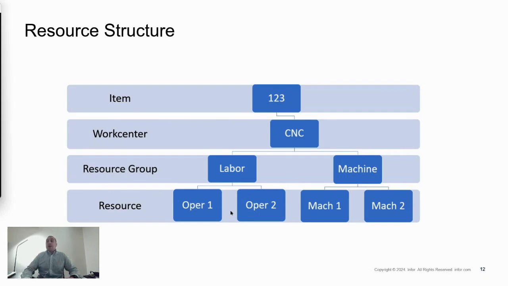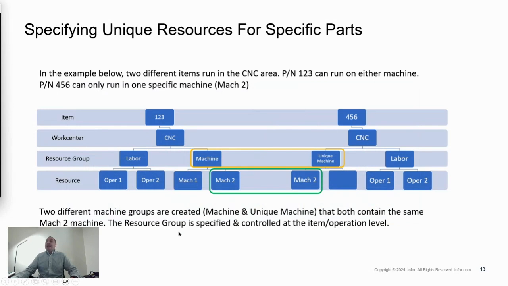And how that could be used in your advantage is if you have particular resources that can work on specific things based on whether it's a unique machine and only components or items can run through that particular machine. And it can also satisfy all the general items and components, same as machine 1. So therefore, we set up 2 machine resource groups: machine resource group, which is just generic, and then the unique machine resource group, which only part 4, 5, 6 can run through. Right? So that's how we differentiate.